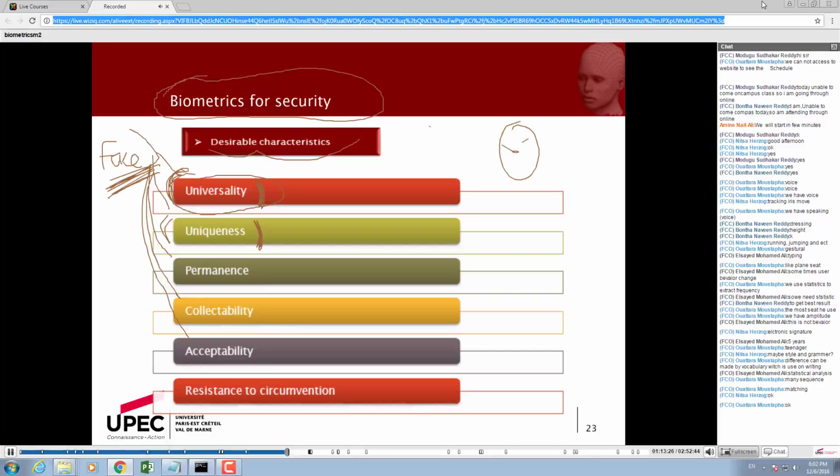We talked about height. It's not unique. You could find many people of the same height. So when we propose a modality, as I said, we have to think about whether it's universal or not, and whether it's unique or not. So is the face unique or not? Sure.